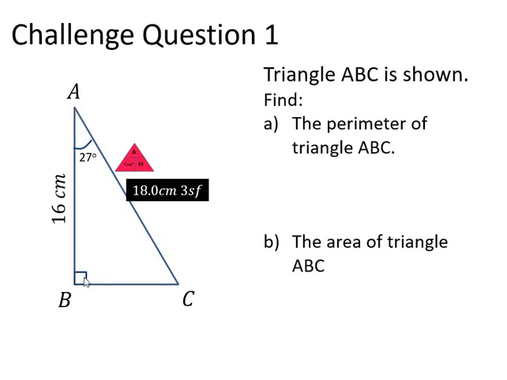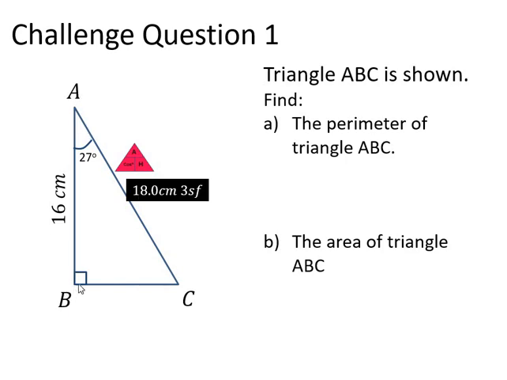Now at this stage you could use trigonometry again because you've got the adjacent, you've got your angle, and you want to find your opposite. So you could go ahead and use a trigonometric ratio to find the opposite here. But because we're dealing with a right angled triangle, you could also use another rule. You could use Pythagoras' theorem.